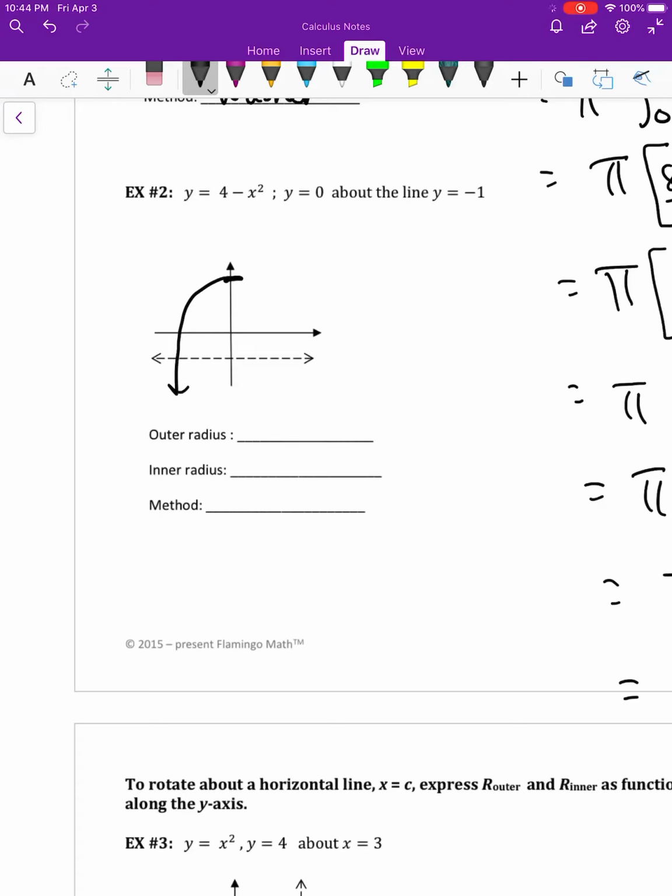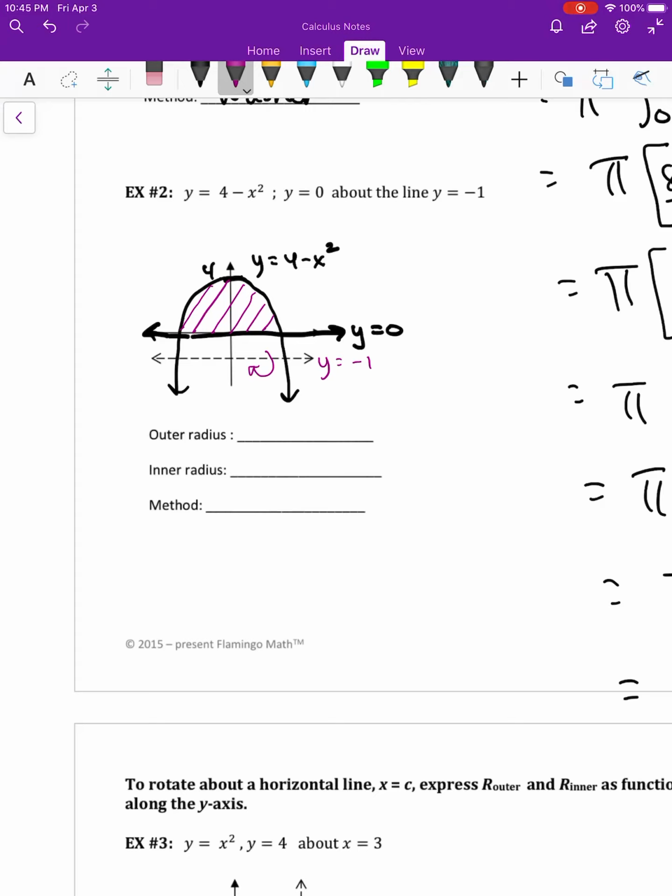So 4 minus x squared, this is y equals 4 minus x squared, and that's 4. And then we've got y equals 0. And so we're talking about this region right here. And we are going to rotate it about the line y equals negative 1.